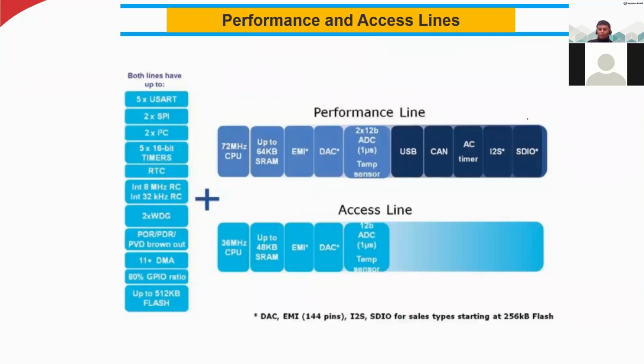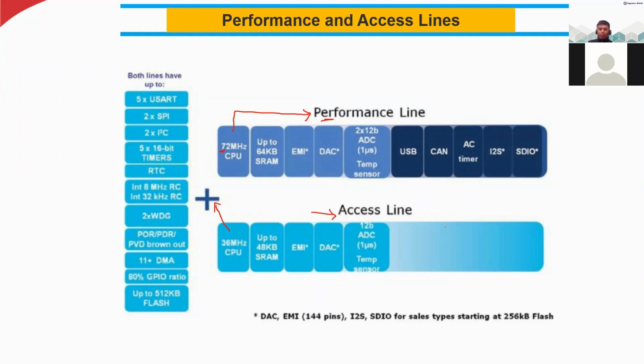There are two architectures we saw just before. One is using 72 megahertz. You can choose this kind of architecture where you need high performance. This is the performance line. The other architecture is for general purpose applications, and it can be called the access line.